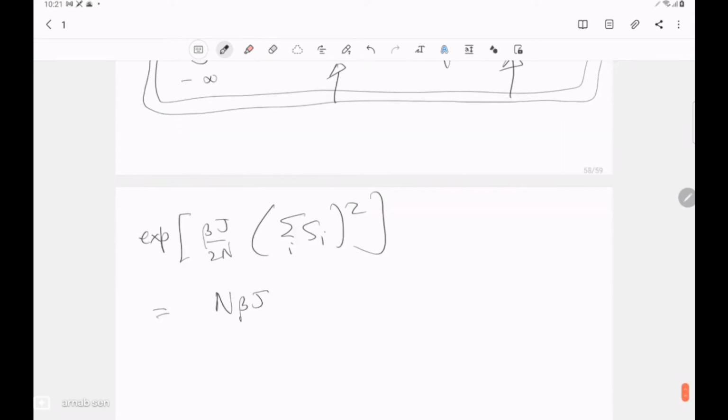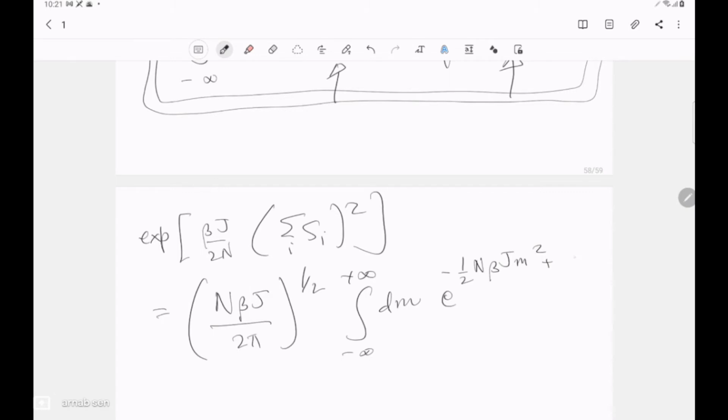Taking care of the normalizations, I would get something like this. Plus beta j in si.